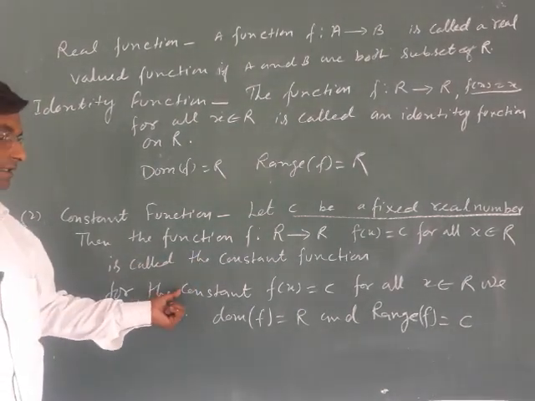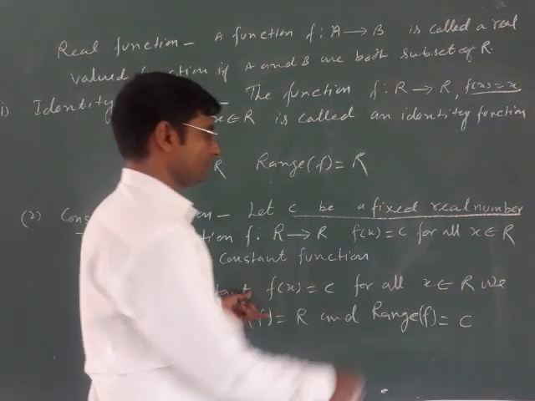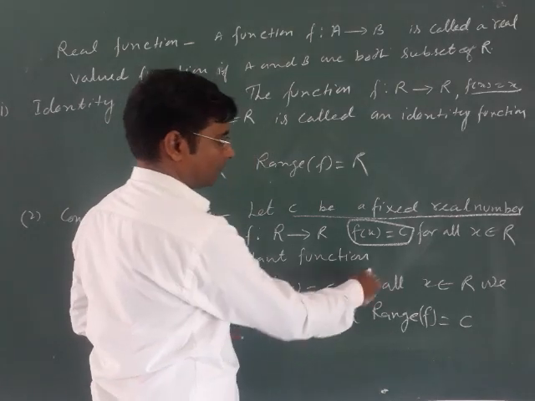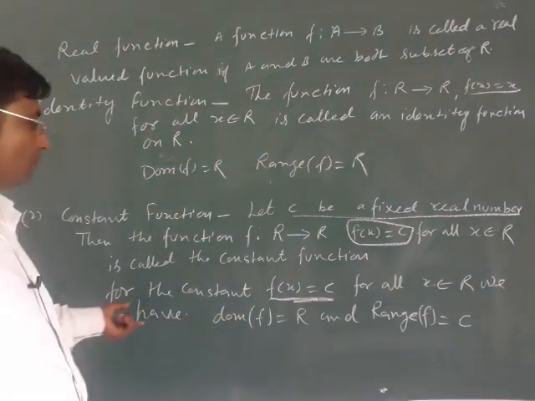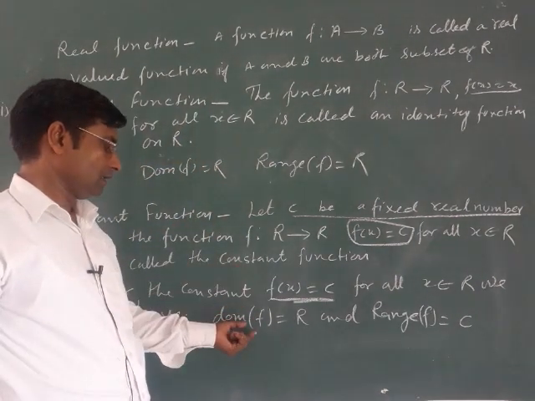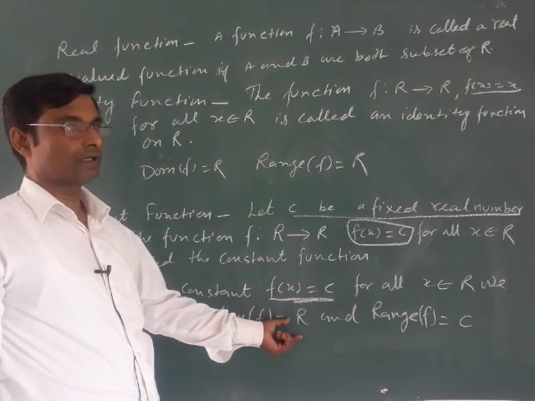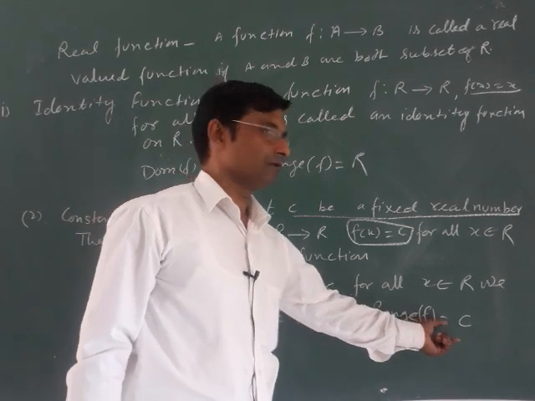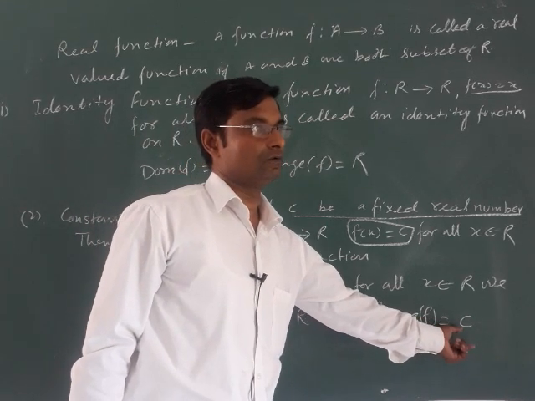For the constant function F(x) is equal to C, for all x belonging to R, the domain of the given function is real, and the range of the function is equal to the fixed real value C.